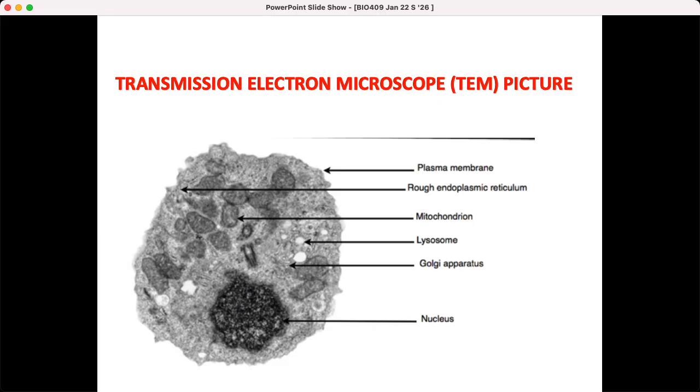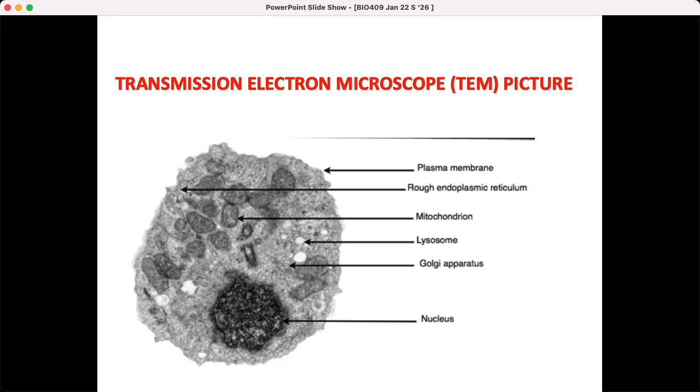And the TEM isn't used very much because it takes quite a bit of prep to prepare the sample, because the molecules in biology don't bend light very well. So the tissues, the cells, have to be stained in order to really bend the light, most often stained with some kind of metal, like gold, for example.